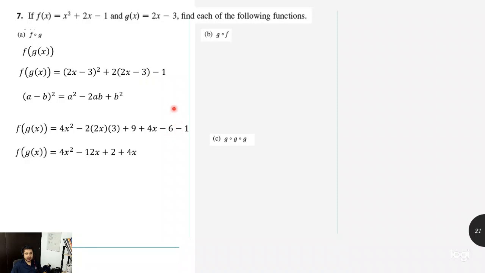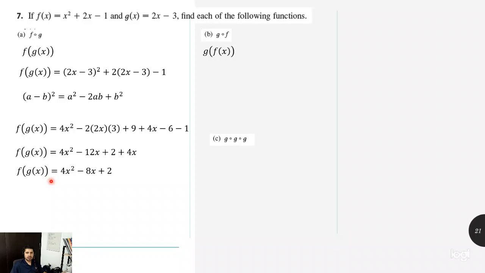So getting this, we have 4x squared minus 12x, plus 9 minus 7, so plus 2, plus 4x, and then combining common terms, minus 12 plus 4, we have minus 8x. So this is the final answer of f composed with g.